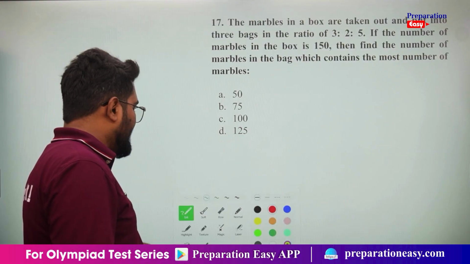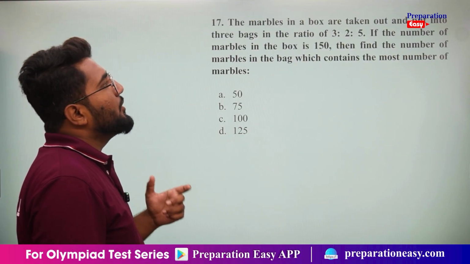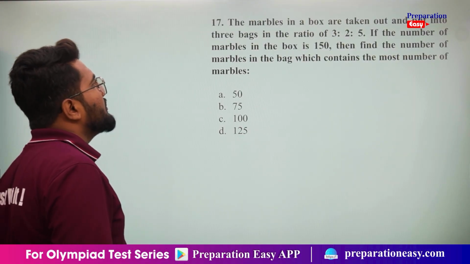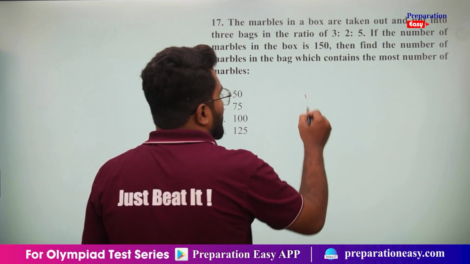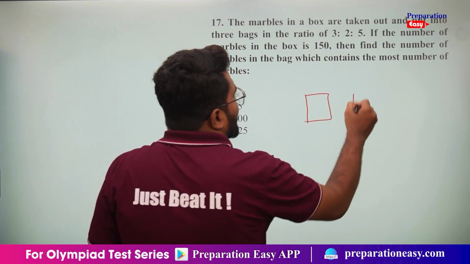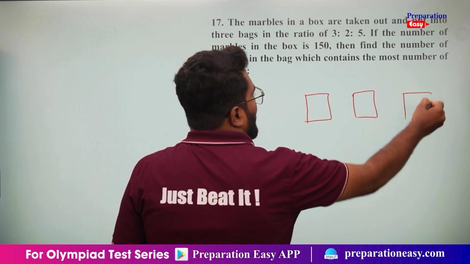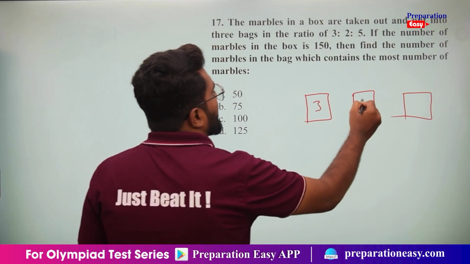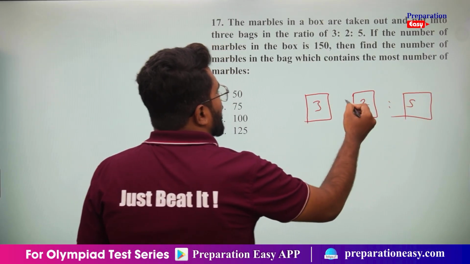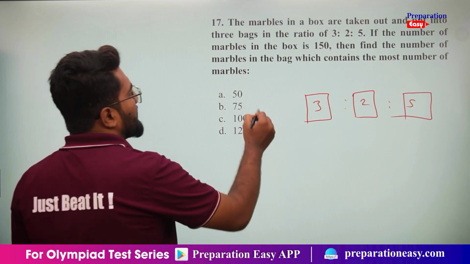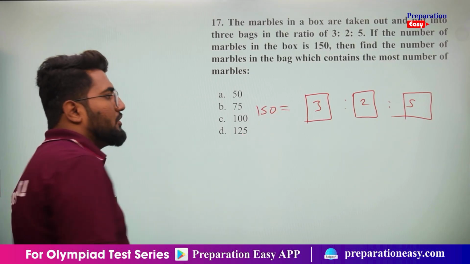Okay, the marbles in a box are taken out and put into 3 bags. This is the first bag, second and third, in the ratio of 3 is to 2 is to 5. Total marbles are 150. So what is the formula?